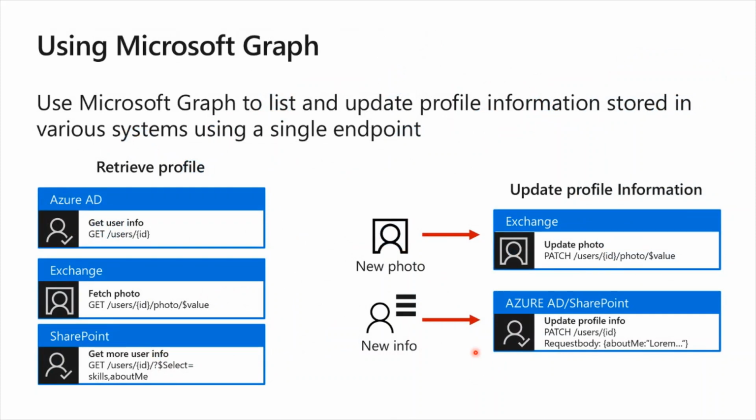Using the Microsoft Graph, keeping company directory information up to date is a key concern for many organizations. You can use Microsoft Graph to update profile information stored in various locations via a single endpoint. Update profile photos stored in Office 365, directory information in Azure Active Directory, and profile information in SharePoint Online via Microsoft Graph APIs.